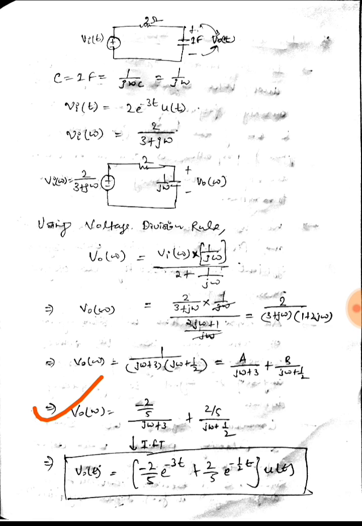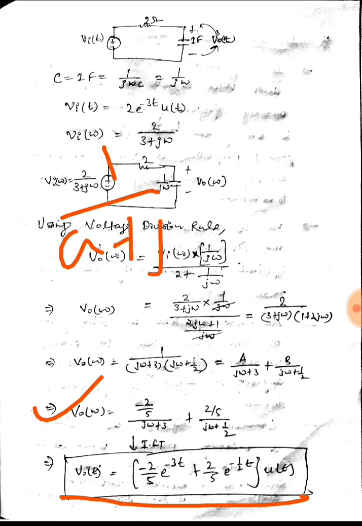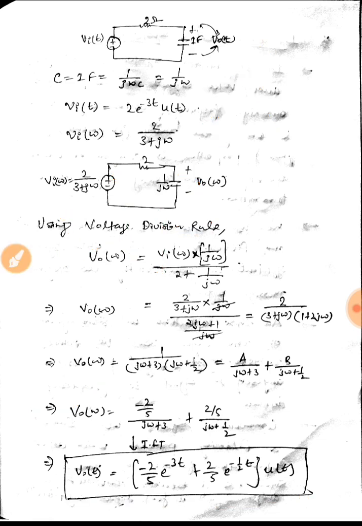If I take the inverse Fourier transform, V0 comes out to be minus 2 by 5 e raised to power minus 3t, because for 1 upon a plus j omega the inverse transform is e raised to power minus at. Using that, V0 is this, plus for the second function it will be 2 by 5 e raised to power minus t by 2, as a is 1 by 2 in this function, into u(t), the unit step function.